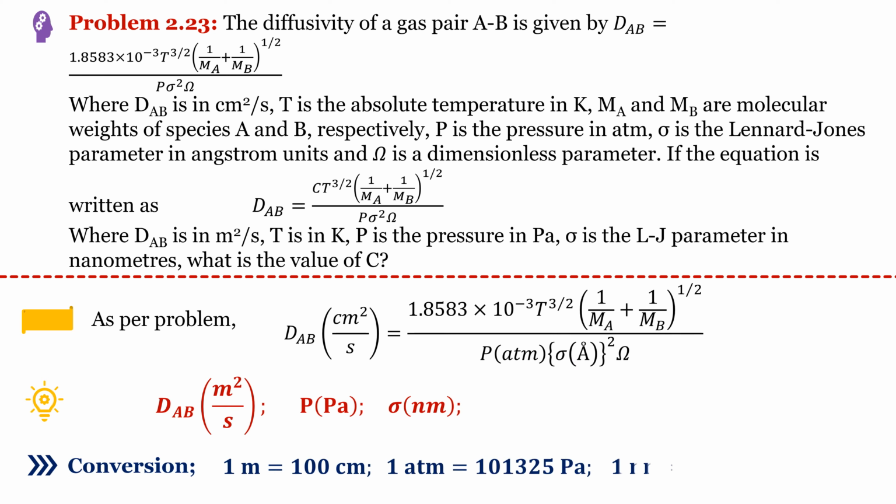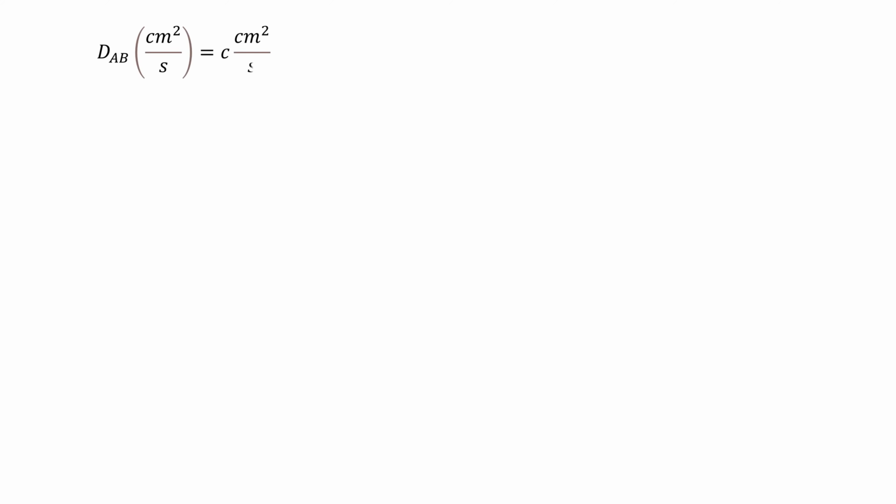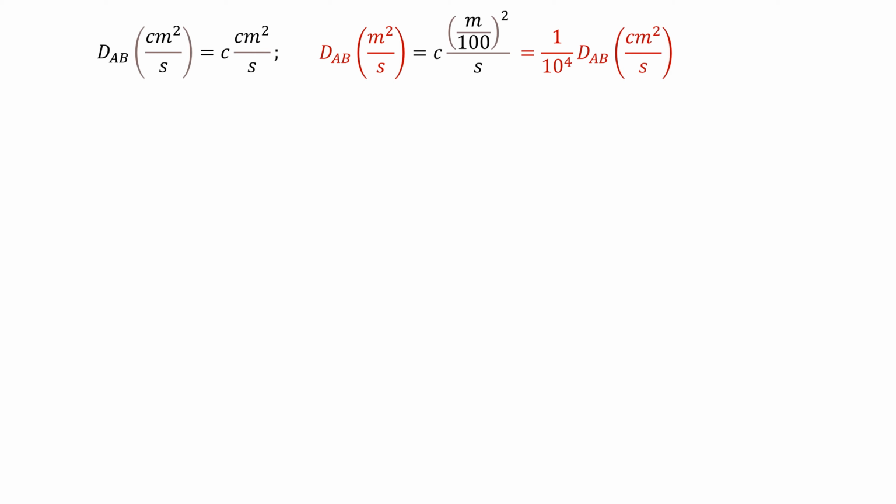We will use the conversions: 1 meter equals 100 centimeter, 1 atm equals 101325 Pascal, and 1 nanometer is equal to 10 angstrom. Now we will simply assume DAB equal to some constant and convert this unit to the desired unit, and we can establish a relationship for DAB which correlates the different units.